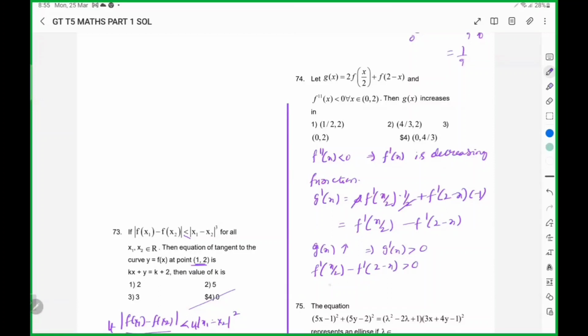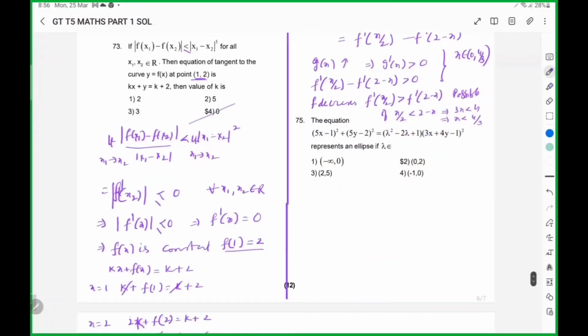But it happens f dash decreases, means f dash x by 2 is greater than f dash 2 minus x possible if x by 2 is less than 2 minus x, which implies 3x is less than 4, x is less than 4 by 3. But he has given interval 0 to 2, which implies x is between 0 to 4 by 3.